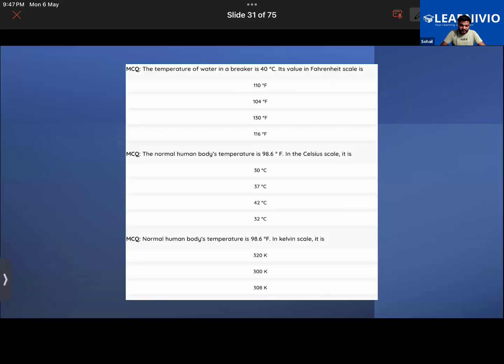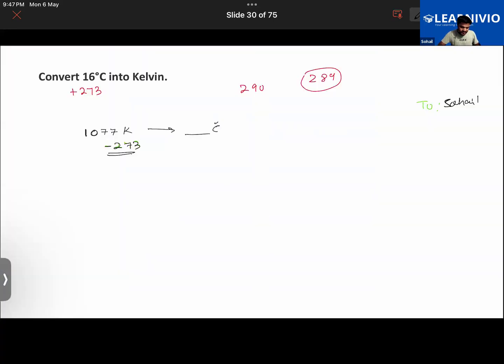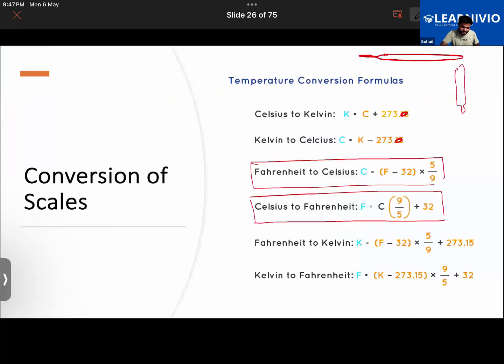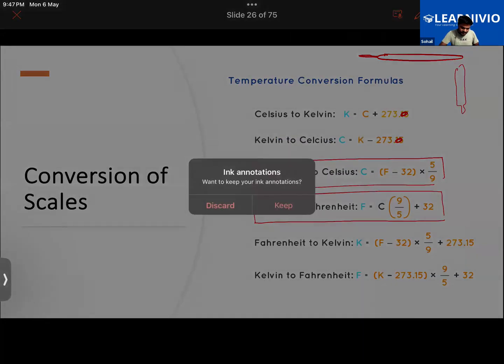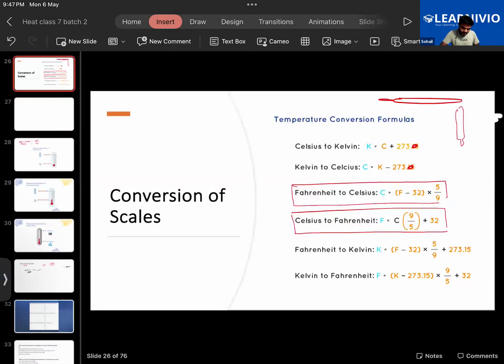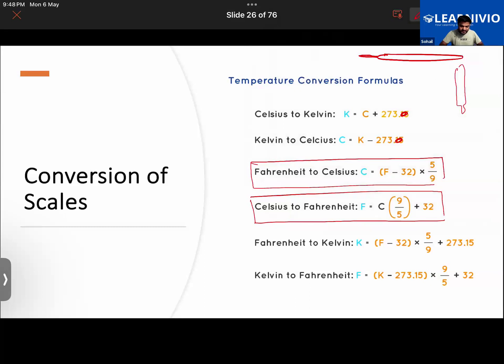Okay, let's move further. Now let's understand how we convert from degrees Celsius to Fahrenheit or from Fahrenheit to degrees Celsius. Let me add one slide over here. Now keep in mind this formula.